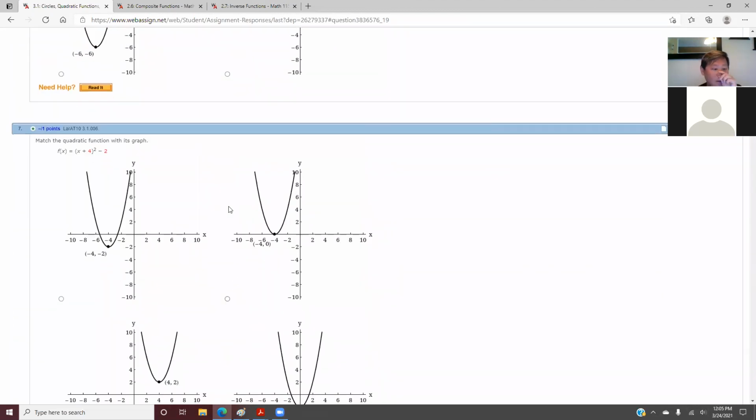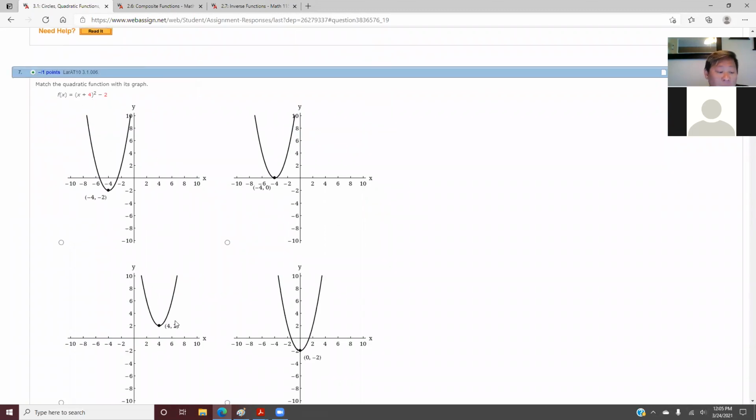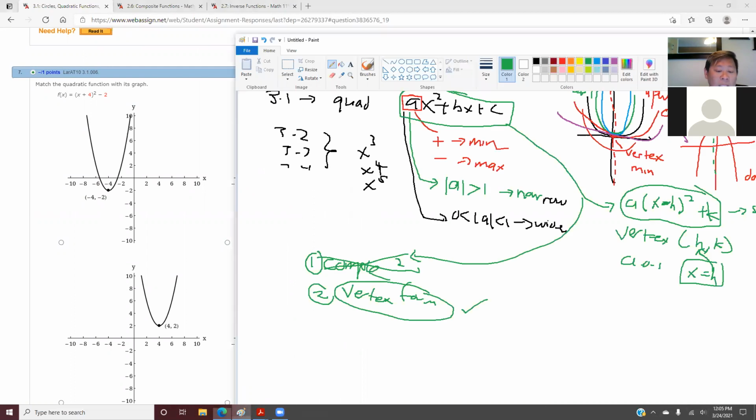So, like this question, number 7 here, this is already in standard form. Can you tell me what your h and k are in this case? If I give you (x + 4) squared minus 2, what is your vertex? If you look carefully, your h has to be minus, so if this is plus, you have to switch the sign.